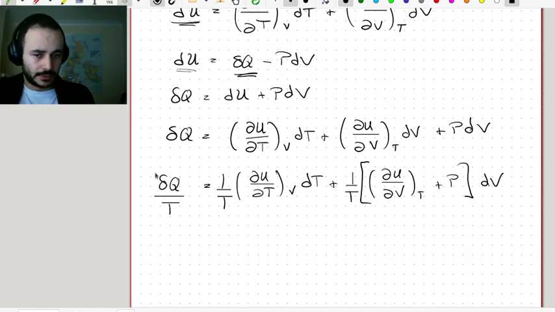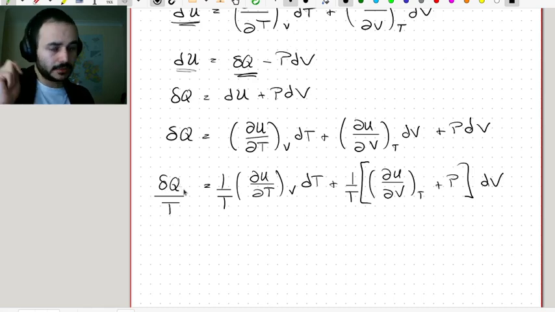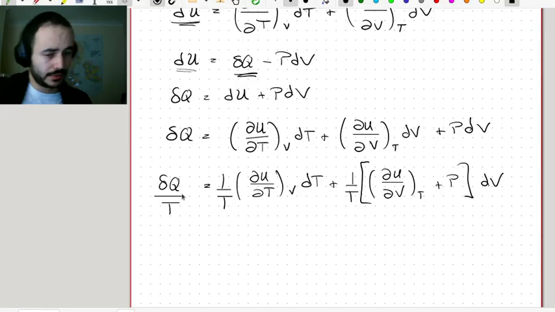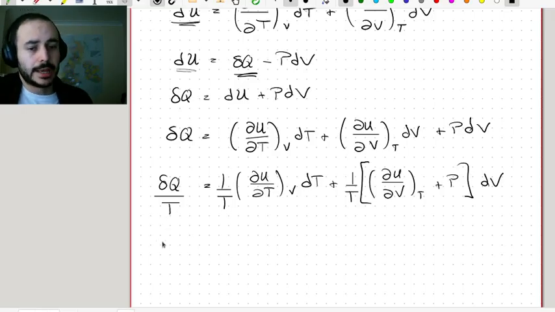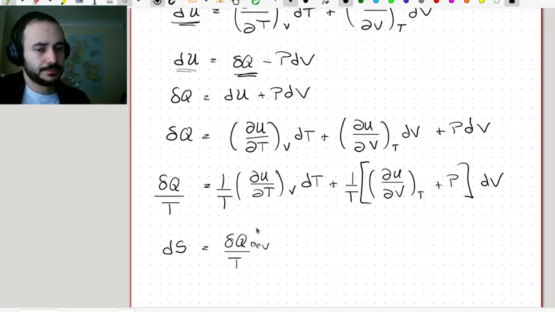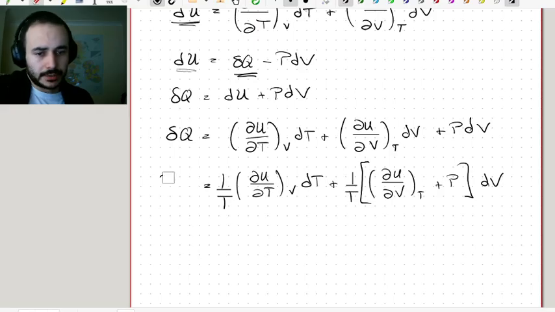What we have here is the reversibly absorbed heat in an infinitesimal process divided by the system temperature, and by the generalized Clausius inequality, this is dS. dS equals that, because this is reversible.